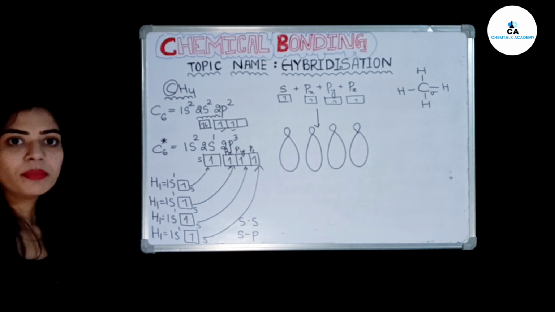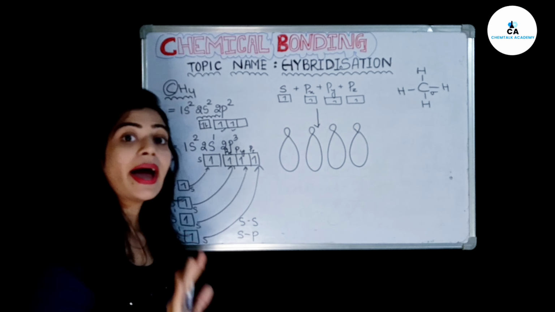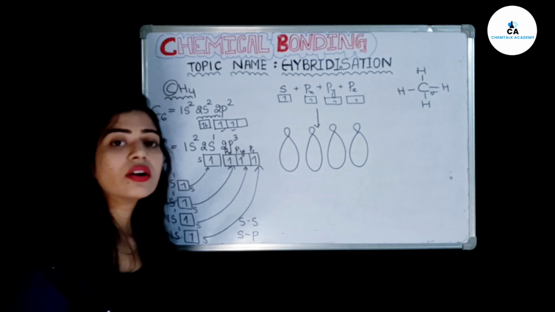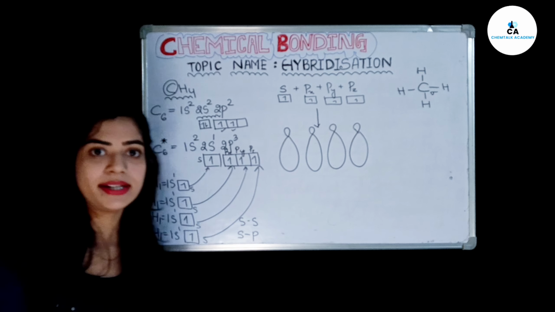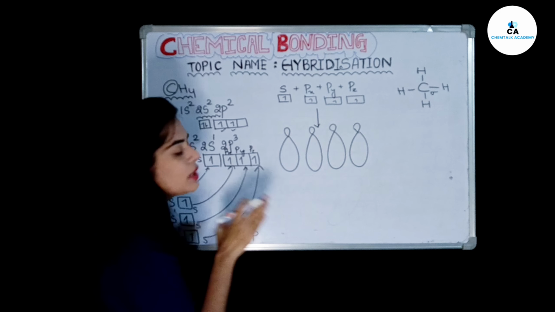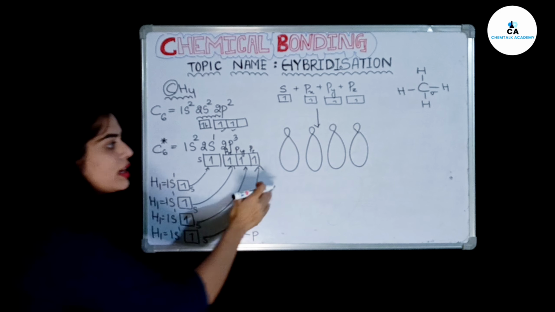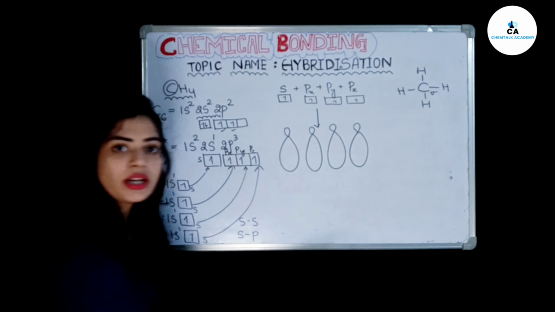Clear? So as a result, how many orbitals did we get? 4 hybrid orbitals. Why are these called hybrid orbitals? Because after hybridization, we got these orbitals which have nearly equal energy and equal shape. See, energy is equal, shape is also equal.